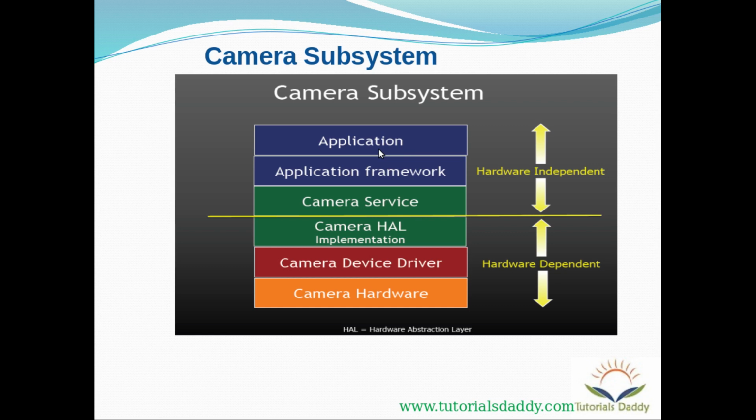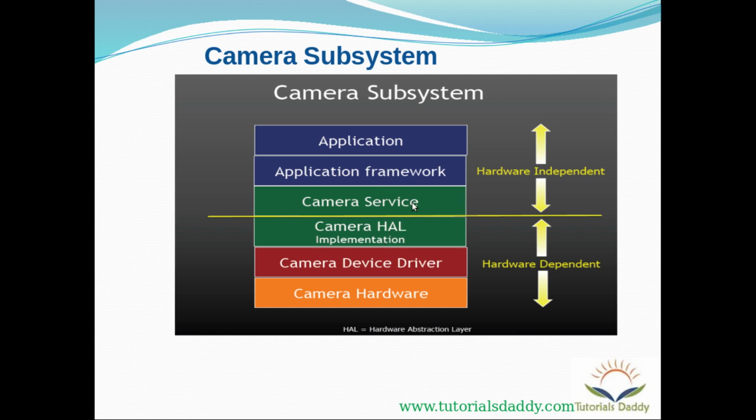Our camera application behaves like a client because it needs information from the underlying hardware, or it needs the frame captured by the camera sensor. This application will create a client object, and that client object will interact with the camera service layer. The camera service layer will behave like a server to the requests coming from the camera application.